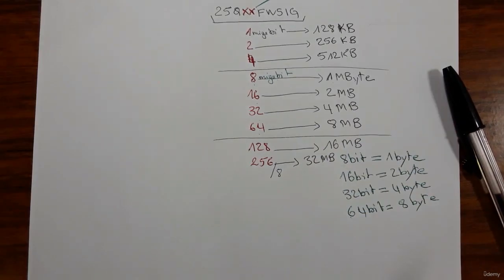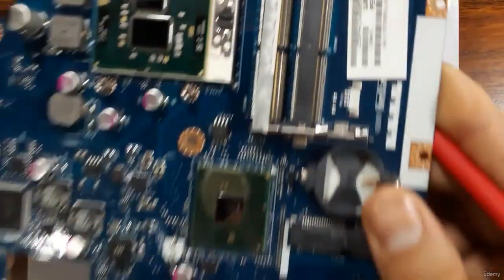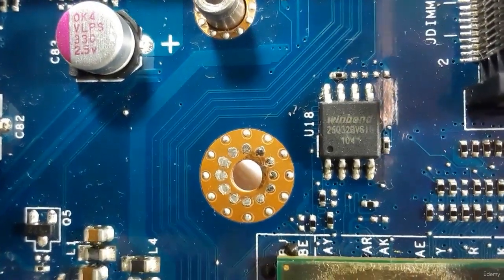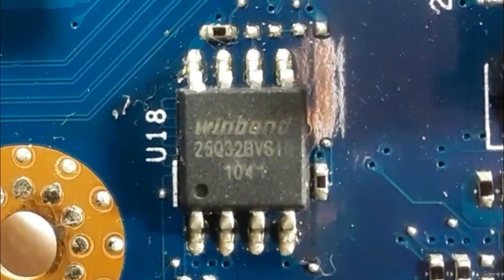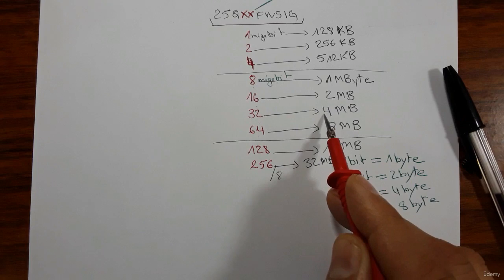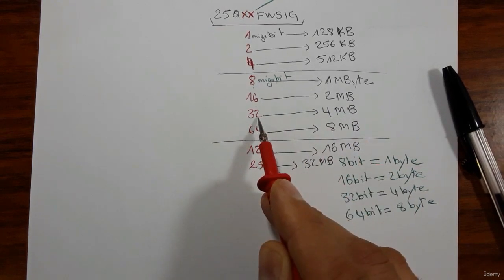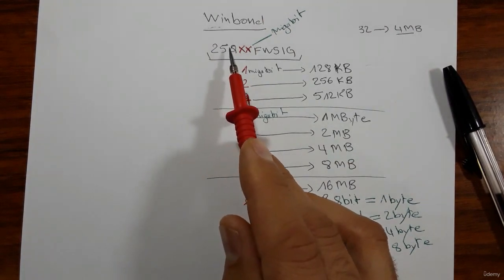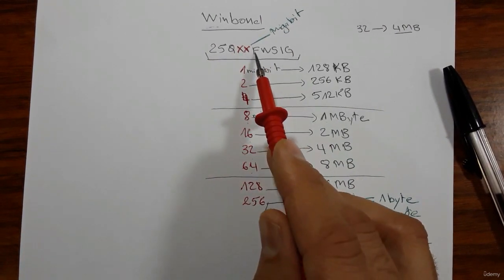So let's check another motherboard. For this motherboard, as you can see, we have the BIOS here. Let's check its reference and then its size. As you can see, we have 25Q32, okay, Q32. So 32 here means 4 megabytes. And in the BIOS, we have 25Q32 BVS.